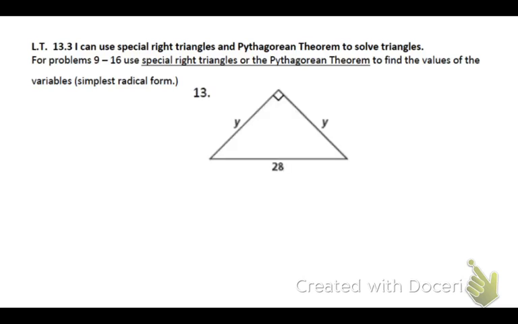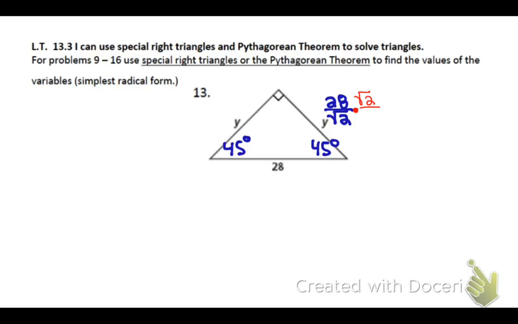Okay. Same thing here when we have a 45, 45, 90 triangle. The hypotenuse is bigger. And so if you're working backwards, instead of multiplying by radical 2, which actually makes it bigger, you want to make it smaller. So we're going to do 28 divided by radical 2. And so that's an okay answer, but we want to rationalize it because we want to get rid of the radical on the bottom.